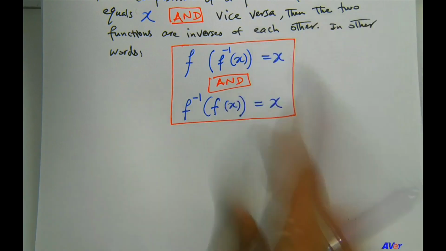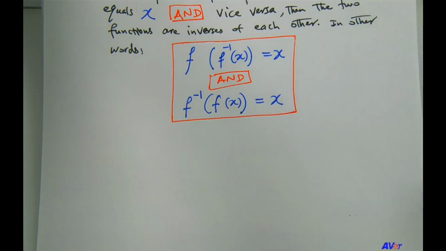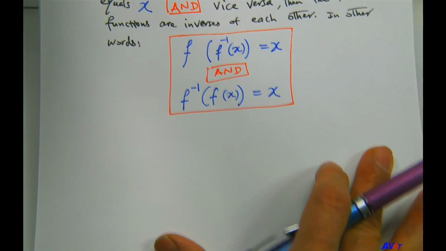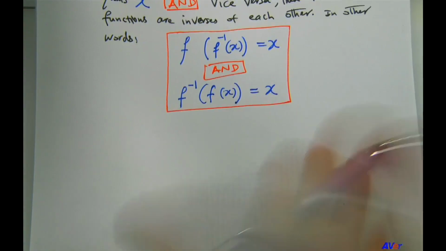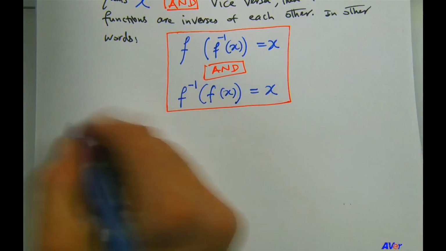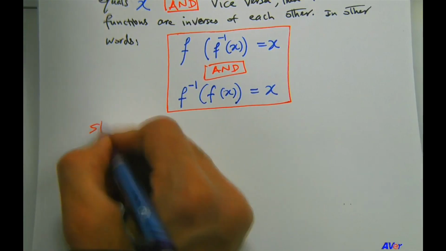So now that we've discussed this, how do we find the inverse of a function, of a one-to-one function, of course? The function has to be one-to-one. So, steps.